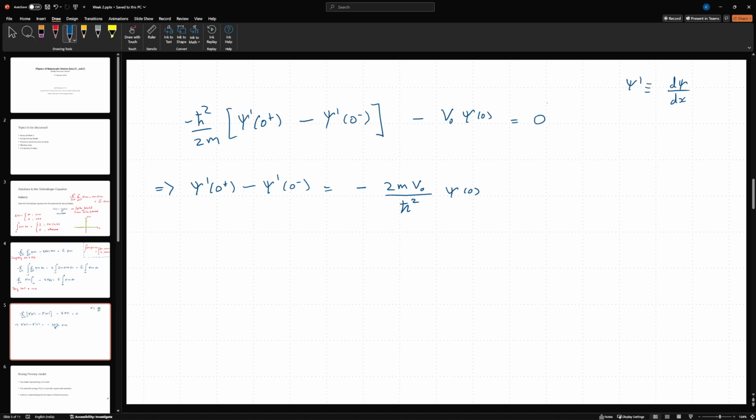So what are 0 plus and 0 minus? They are points in the vicinity of 0, very close to 0, respectively to the right and left. So 0 plus is points to the right on the positive side of the real line, and 0 minus are points to the negative side.